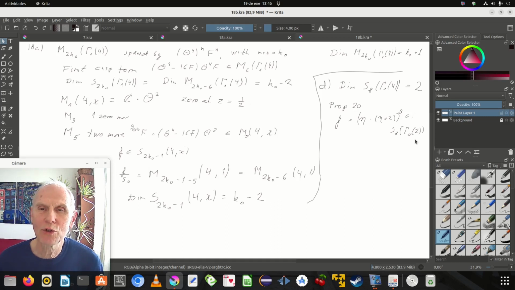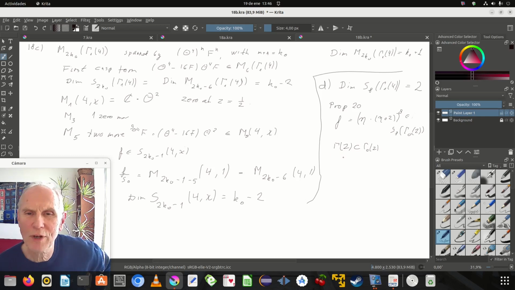and that's a larger group in gamma of 2. So it's also a cusp form of gamma 2, and then apply proposition 17a. Now, how is that? I think it's with alpha equals 1.